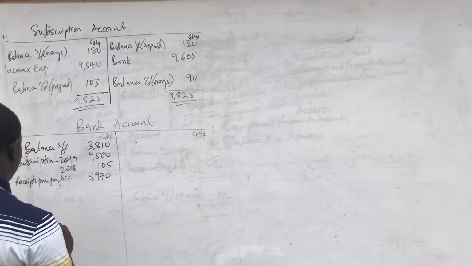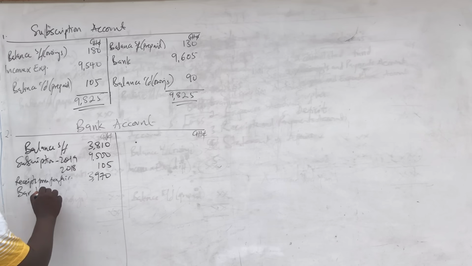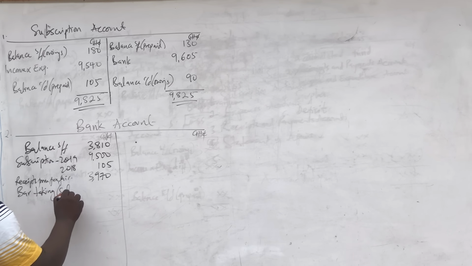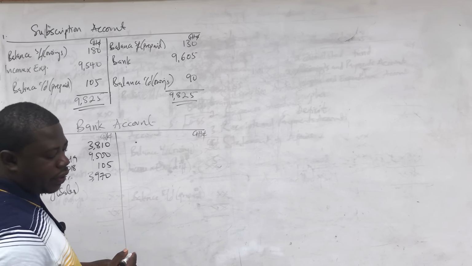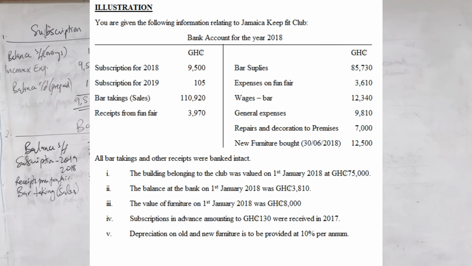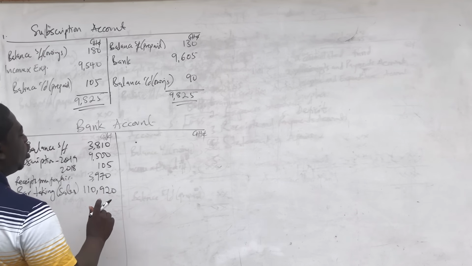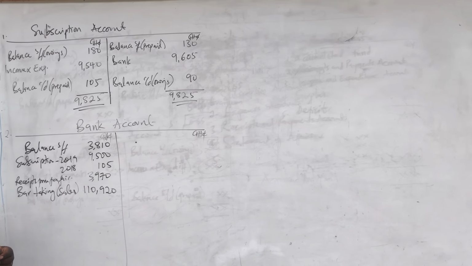Okay, I skipped one. That is the bar sales or the bar takings. So the bar takings is also known as bar sales, and the figure for bar sales is given to us as 110,920. So I am done with listing for the debit side.